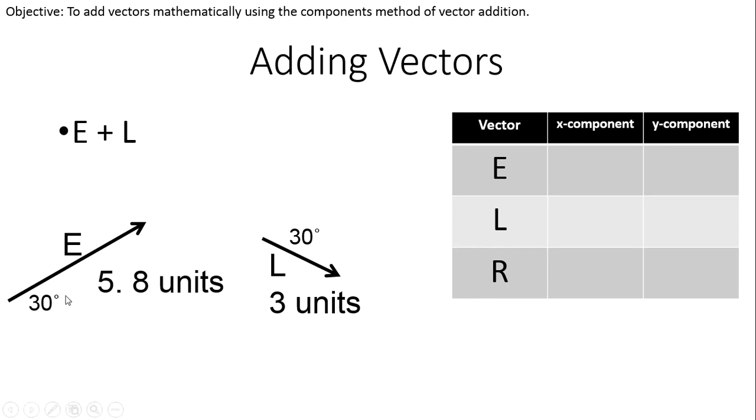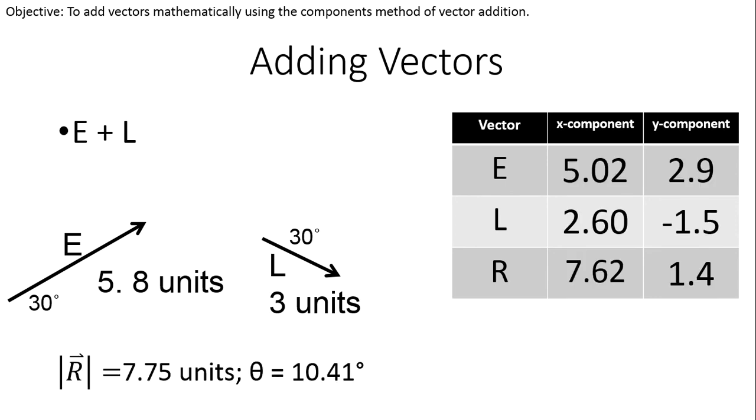Okay, keep in mind that this L vector is going to go over, so it's going to have a positive x component, and down, which means it's going to have a negative y component. There we go. So you should have a resultant x component of 7.62 with a y of 1.4, and our resultant magnitude is going to be 7.75 units with an angle theta of 10.41 degrees.